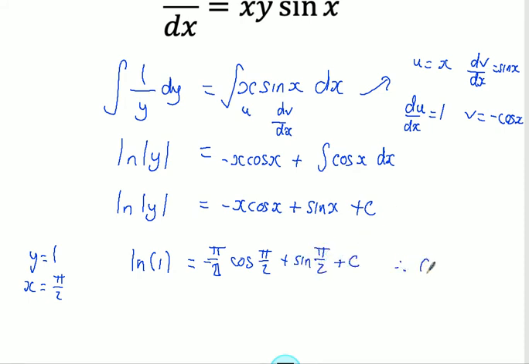Okay, evaluate all that and we get c is -1, I believe. So our final statement, our particular solution, is that. And that'll do. That's fine to leave it like that.